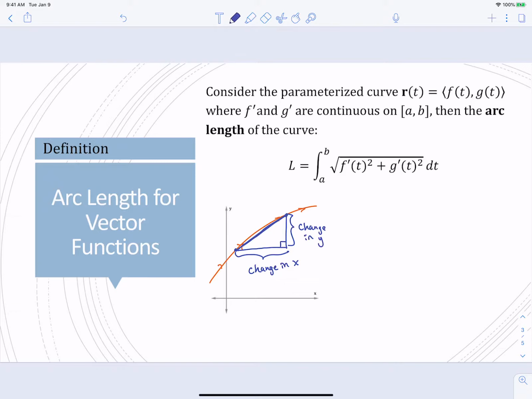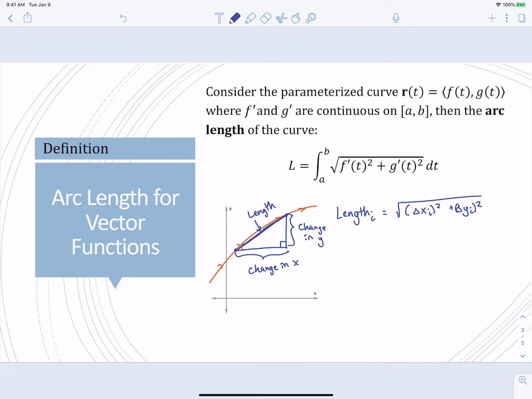By the Pythagorean theorem, that length, again we can call it length sub i, is going to be the square root of delta x i squared plus delta y i squared.